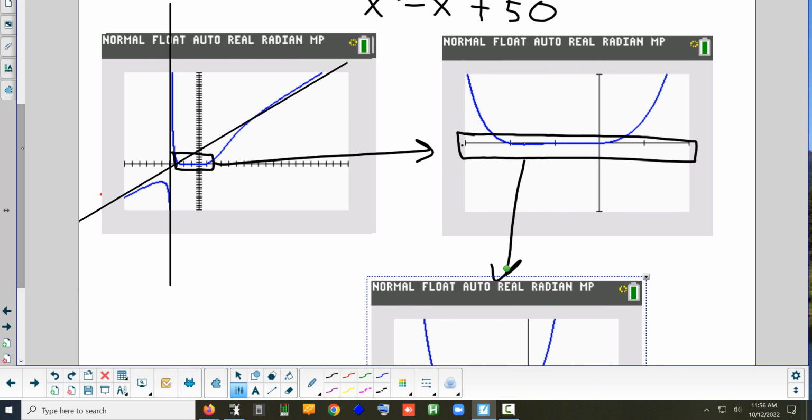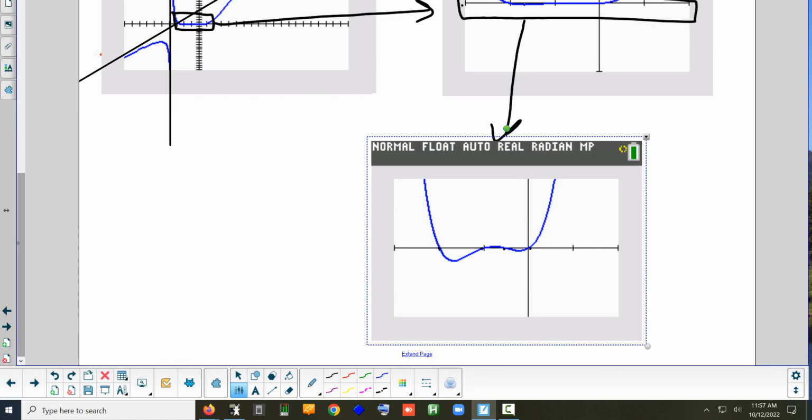That's a good overall picture, but it doesn't show the detail that this one does. We lose the big picture when we zoom in like that, but sometimes you really need to look at the big picture and the zoomed in picture. And that's what I wanted to show you. Something that looks flat, it really isn't.